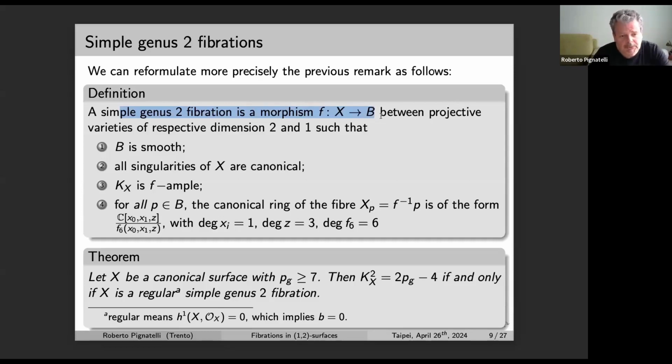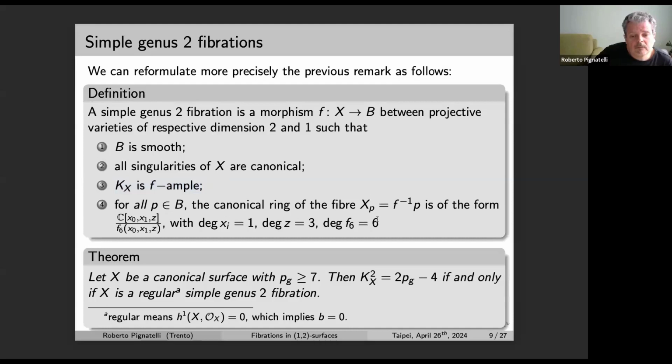The curve must be smooth. X may be singular, but at worst canonical singularities, which for a surface are ADE singularities. I don't really ask the canonical class to be ample, but something slightly less, which is more natural for studying fibrations, so that it is relatively ample.